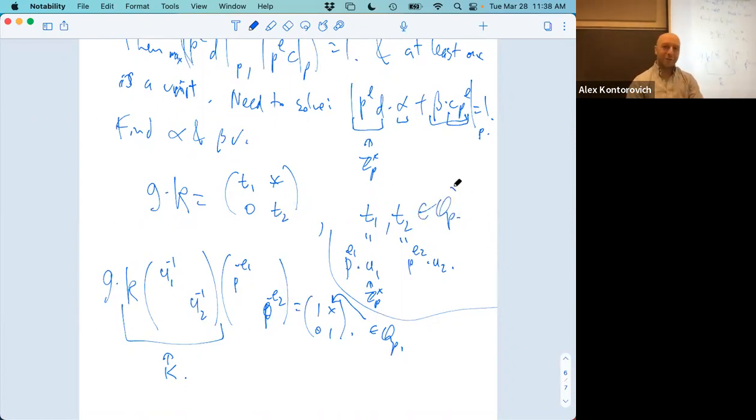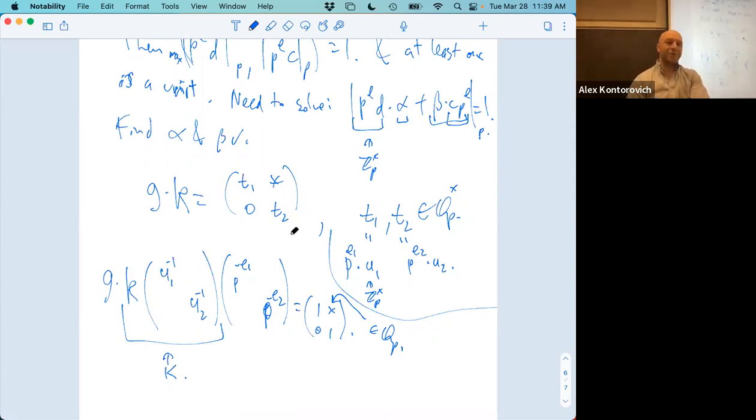In fact, they're numbers in Q_P cross because their product is still the determinant, and the determinant was non-zero. Each of them might have a large first digit, a small first digit. I have no control over that. But T1 is P to the E1 times a unit, and T2 is P to the E2 times a unit.